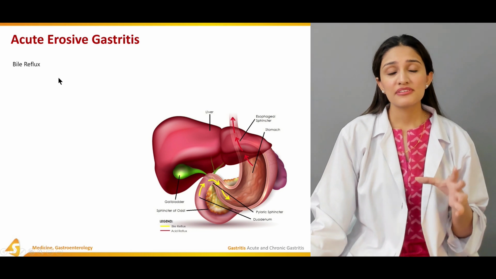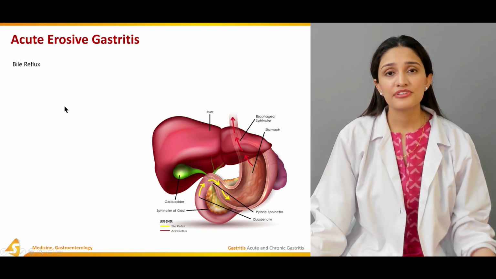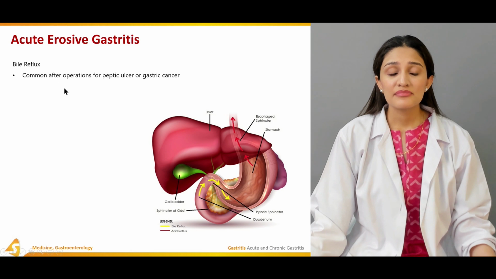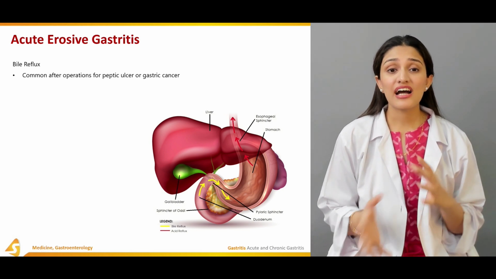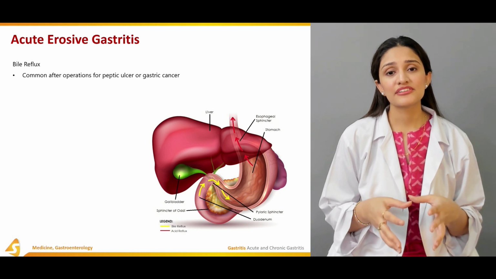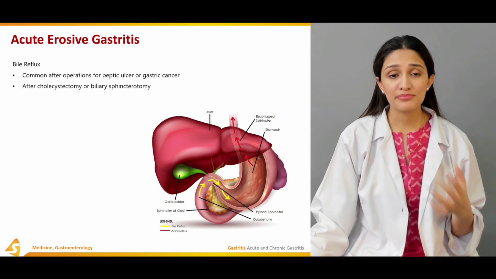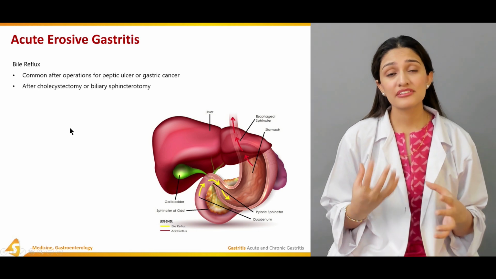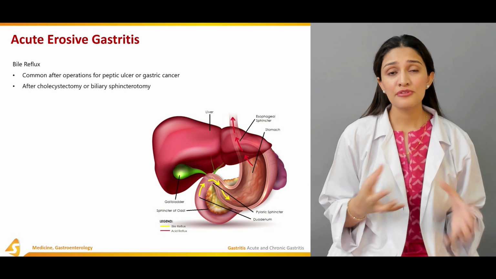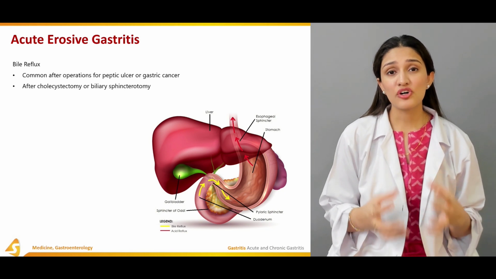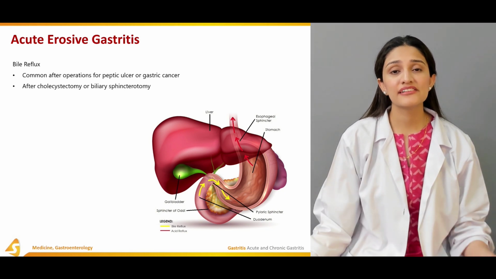So if we talk about bile reflux regarding acute erosive gastritis, this sort of bile reflux gastritis usually occurs after operations for peptic ulcer or gastric cancers. Operations such as cholecystectomy and biliary sphincterotomy are procedures which cause more exposure of the bile to the stomach.